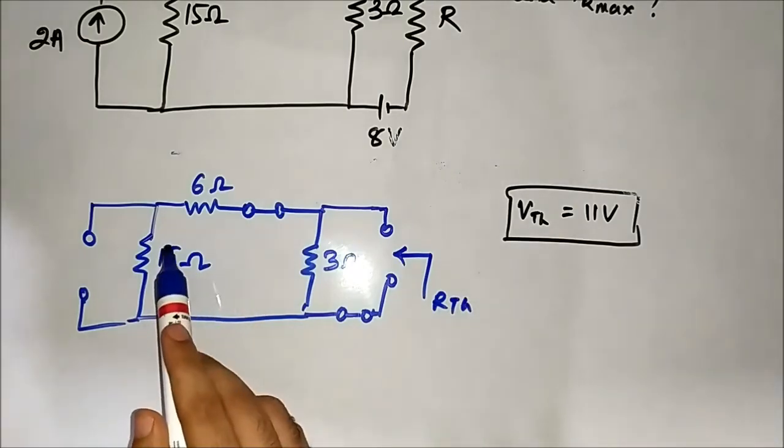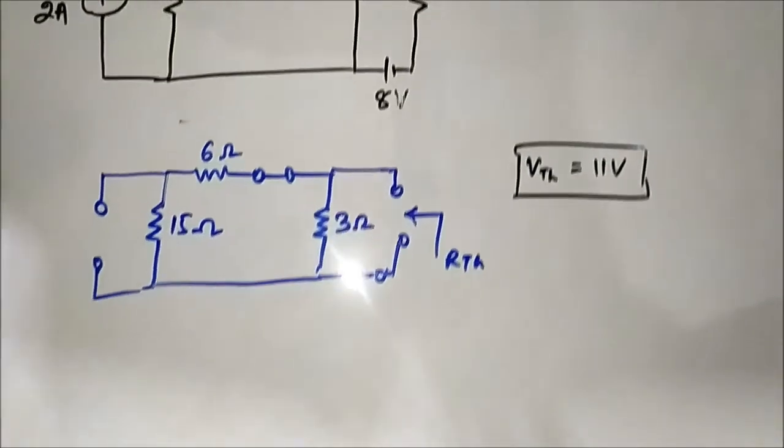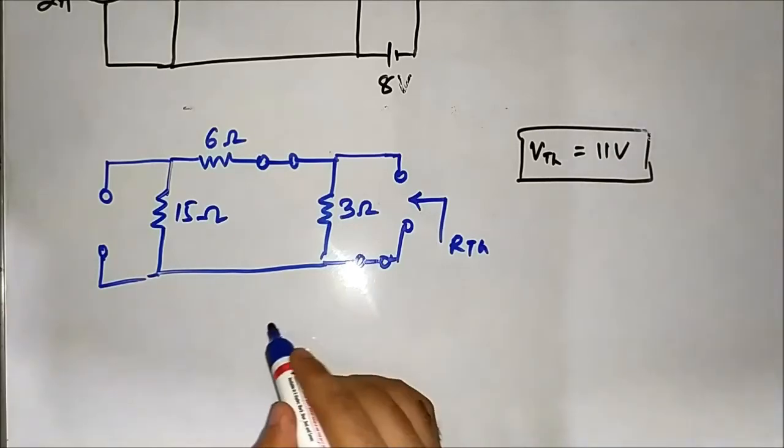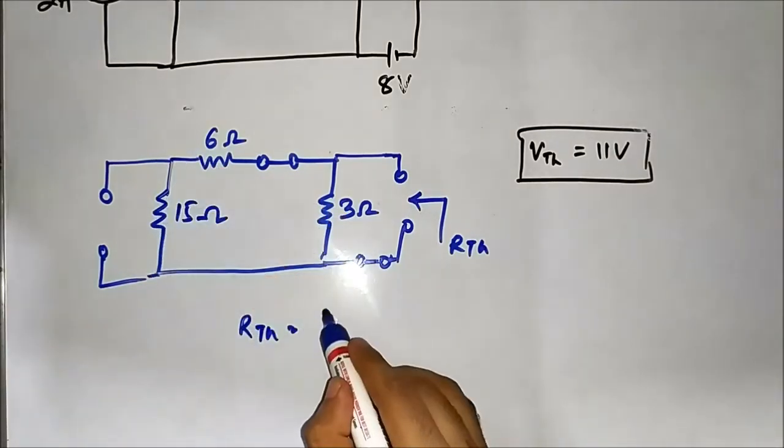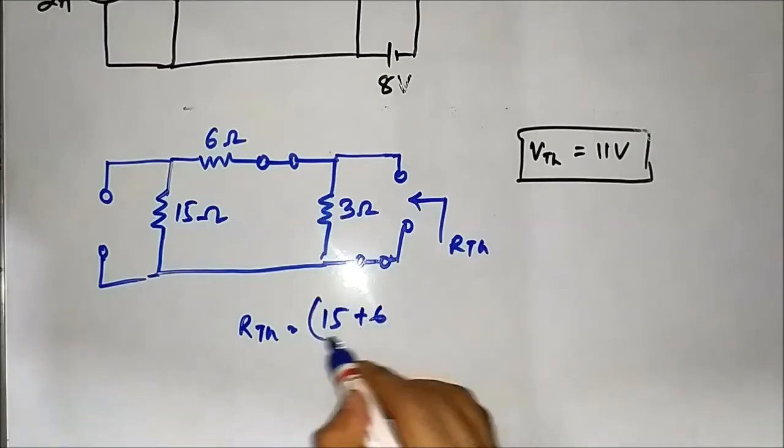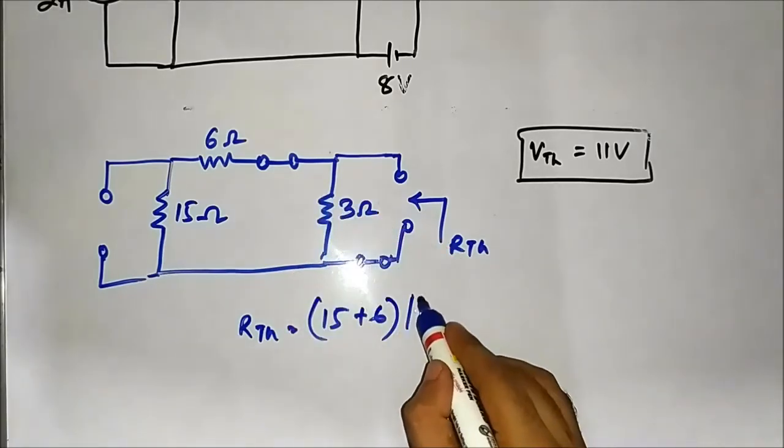So RTH is equal to 15 plus 6, because these two are in series and the resultant is in parallel with this 3 ohm.